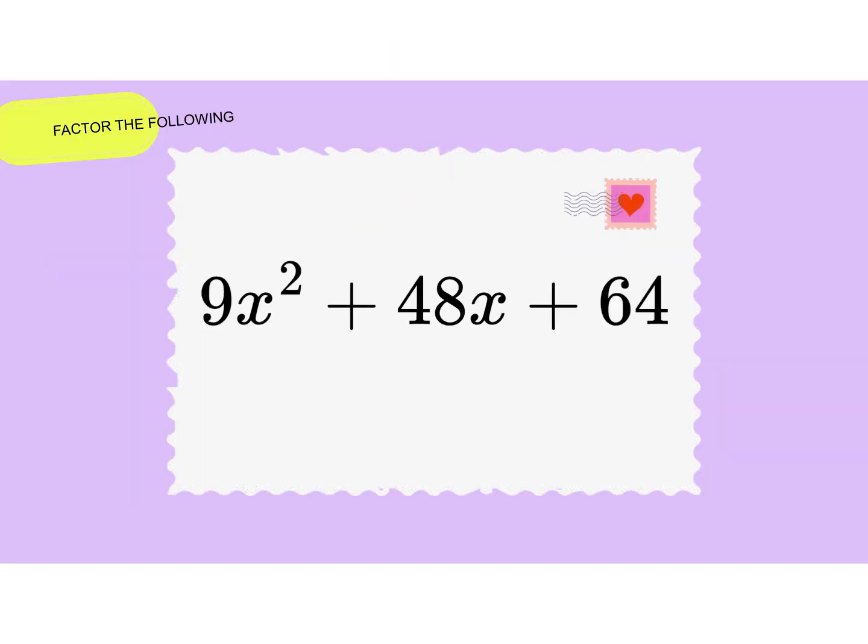Okay, here's my next one. On this one, my A value is greater than 1. But still I'm going to play Xbox, A, B, and C. A is 9, B is 48, C is 64.